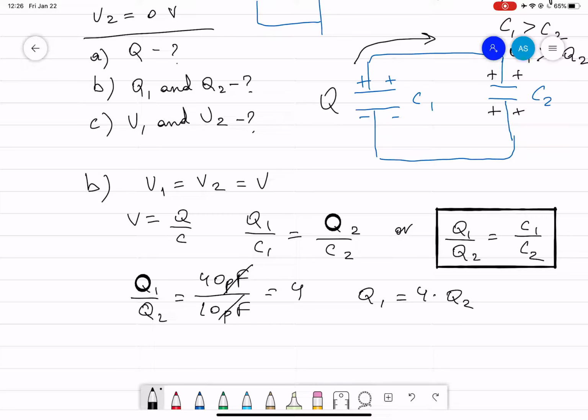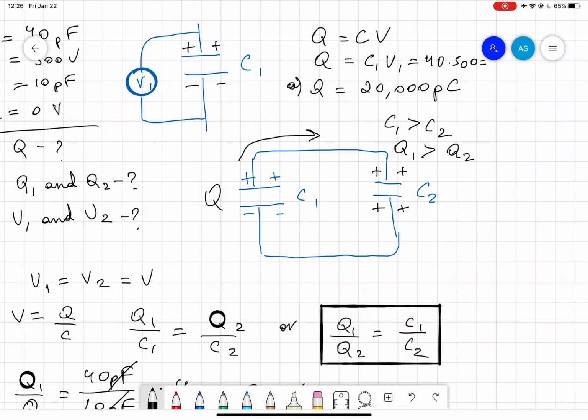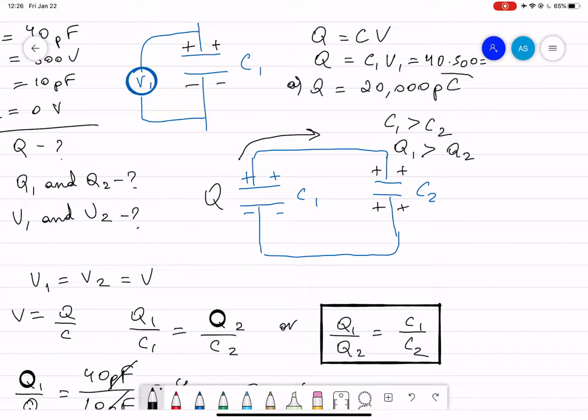Okay, we know that by conservation of charge, charge cannot just disappear or be added. It will just be distributed among these capacitors. Initially, how many charges did we have? Initially we had 20,000 picocoulomb charges, which will be distributed among C1 and C2, because C2 was not charged.